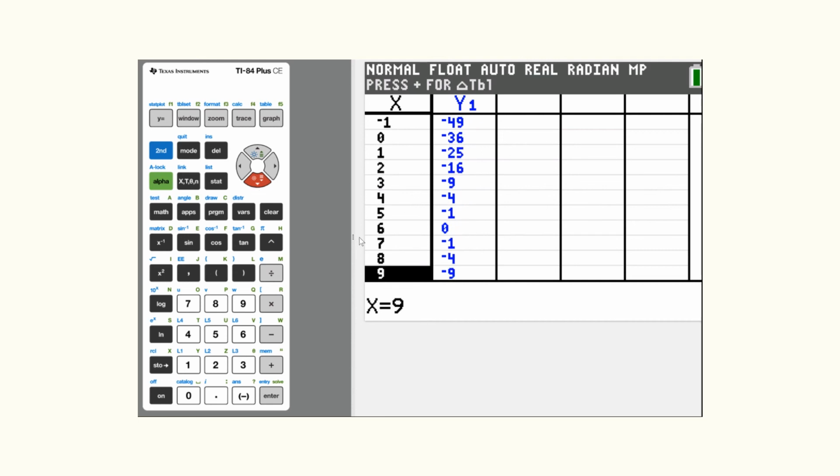And our range is such that f of x is less than or equal to 0 in this particular equation. Our domain is all real numbers. All right, next we'll look at, in a few moments, where we have no real solution.